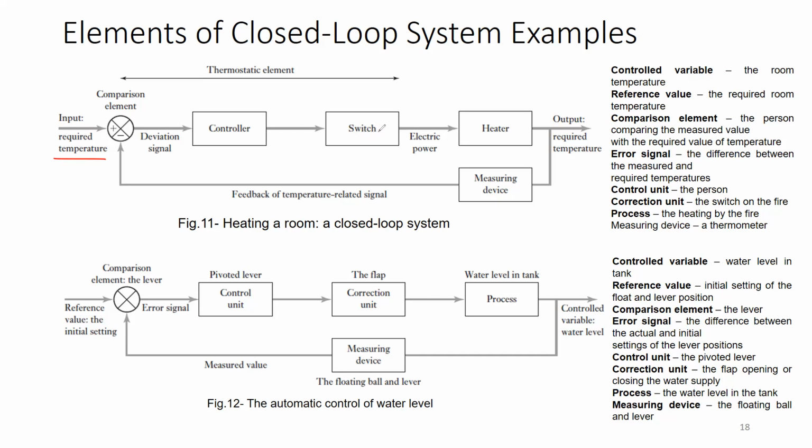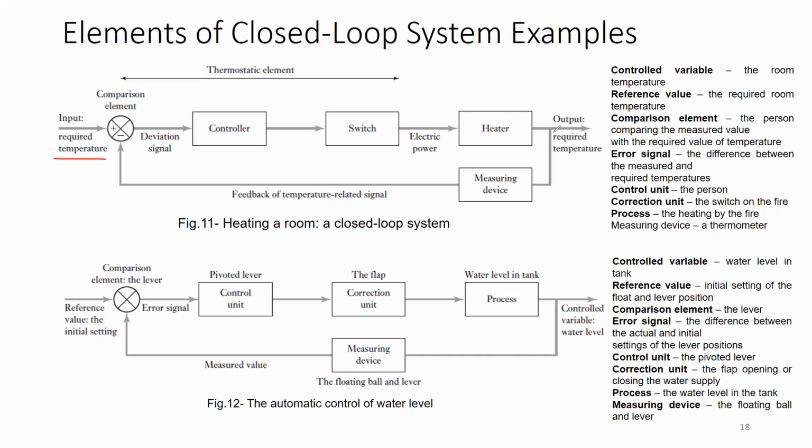And then we have this switch. What was the second unit after the control unit? The correction unit. So the correction unit is the switch, either to turn on or to turn off. The controller will decide either to turn the switch on or off. If the switch is turned on, it will get a signal for the electric power, and the heater will turn on.